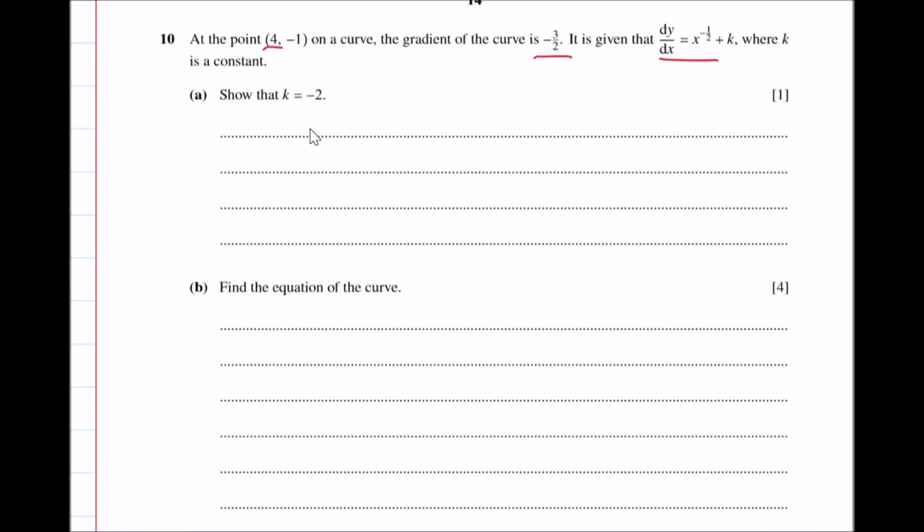So we'll write dy by dx is equal to, we have x raised to the power minus half plus k. The value dy by dx given here is minus 3 by 2 gradient, right? Minus 3 by 2. And that is x value is 4. 4 to the power minus half plus k. This gives us minus 3 by 2 equal to 1 by 2 plus k.